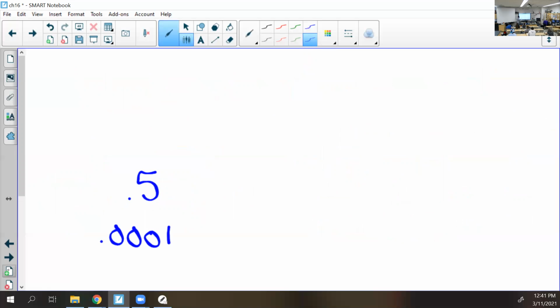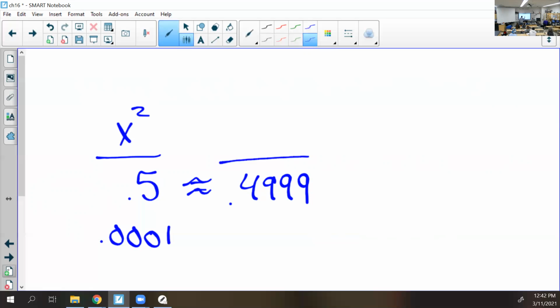So what's this minus that? What can we say about these two numbers? They're basically the same number. So if I take x squared and divide it by 0.5, or x squared divided by 0.4999, the difference in my answer is not going to be very much, right?